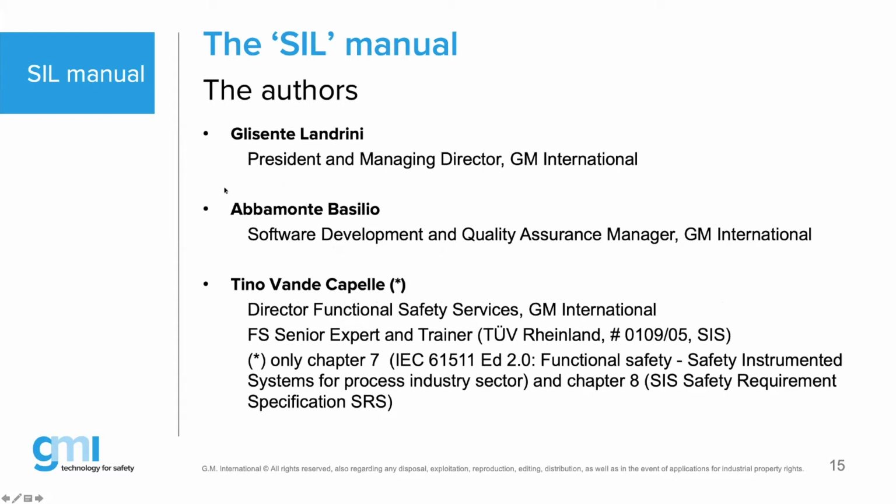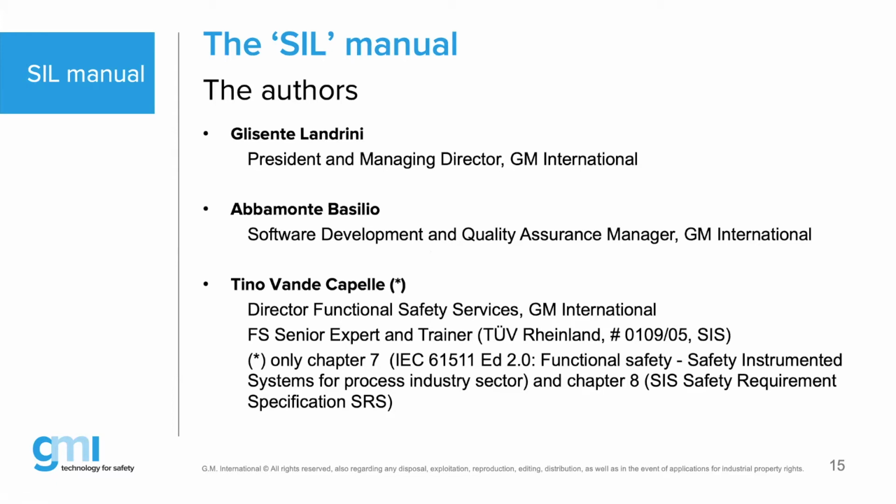The second one is called Basilio, Head of Development and Quality Assurance. And as Paulo was saying, I'm the co-author. The title may look a lot longer than those, but there is a reason for that. I wanted to highlight that I'm the co-author only for chapter 7 and chapter 8. There are 9 chapters in the book.